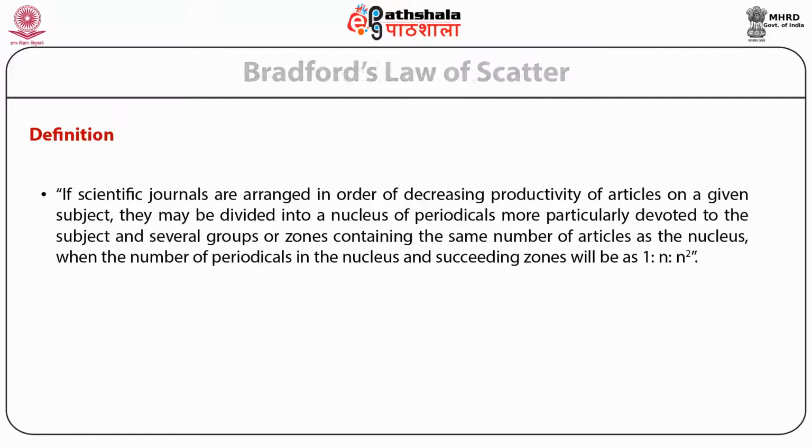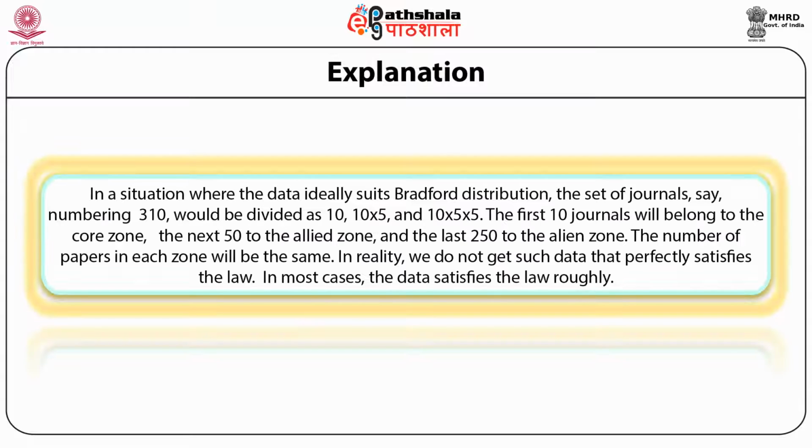1:n square. In a situation where the data ideally suits the Bradford distribution, the set of journals, say numbering 310, would be divided as 10, 10 into 5, and 10 into 5 into 5.